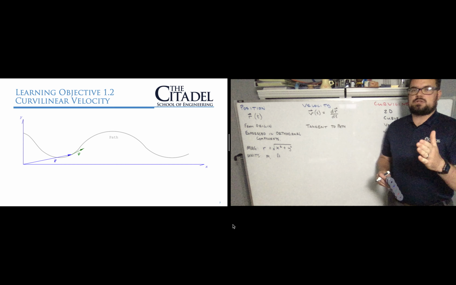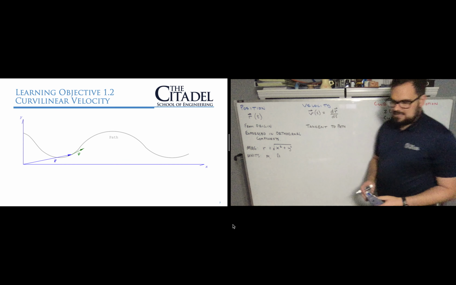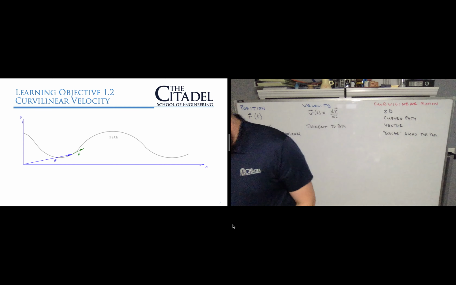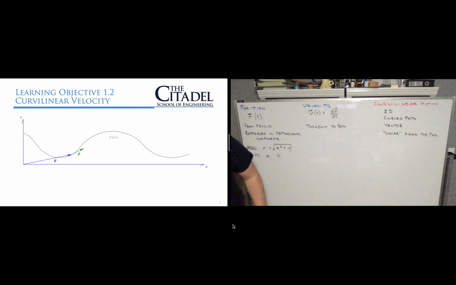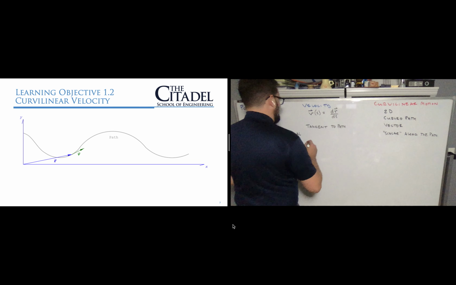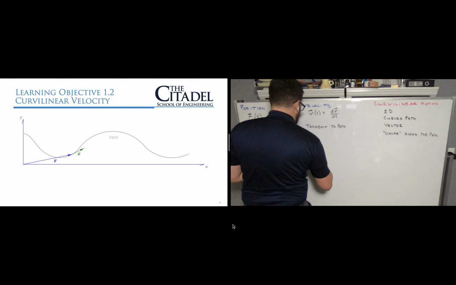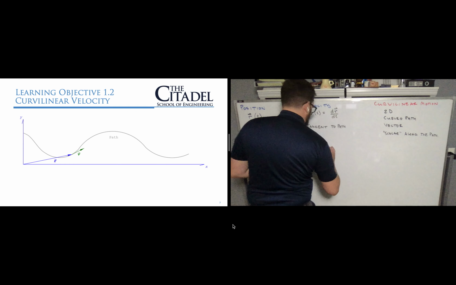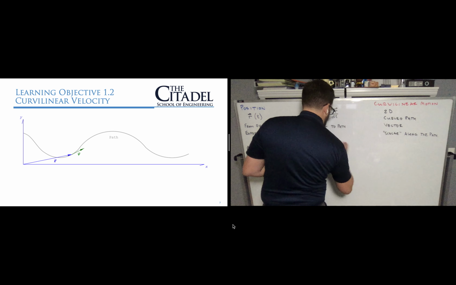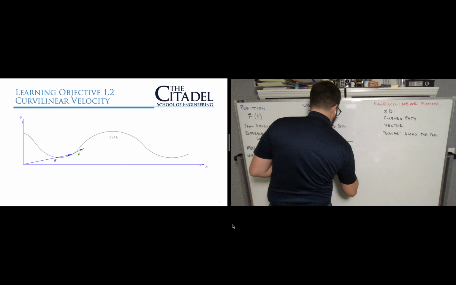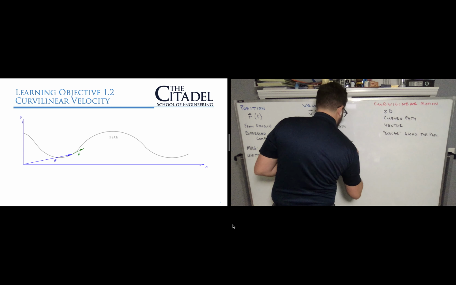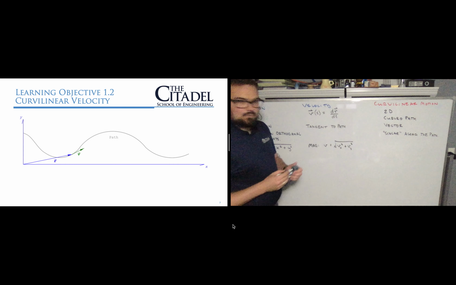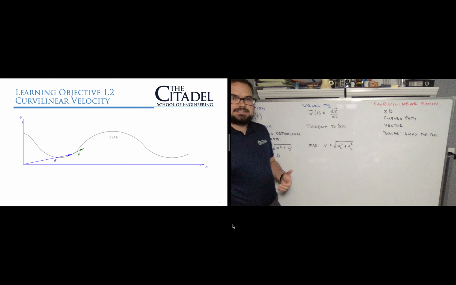So looking forward, the direction we're going, our velocity is tangent to the path. And then this is also illustrated by vector mathematics. And so the magnitude or the speed is going to be equal to, again, Pythagorean theorem, but now looking at the x and y components of the velocity. So that's kind of what we're thinking about there.